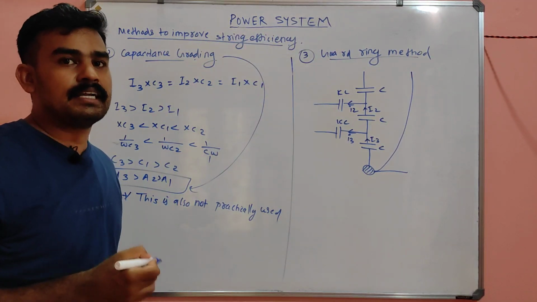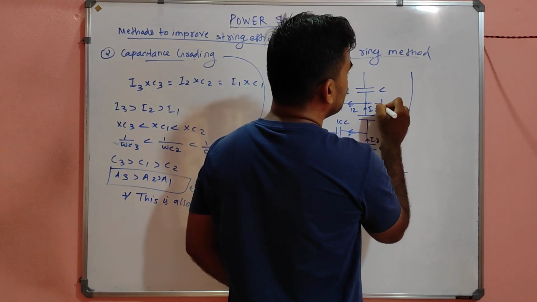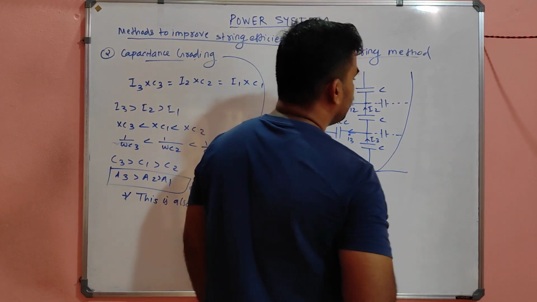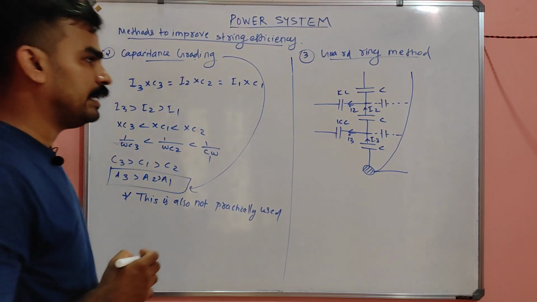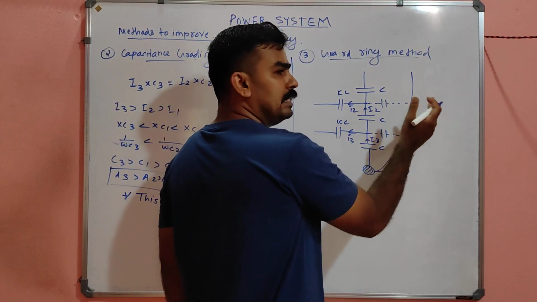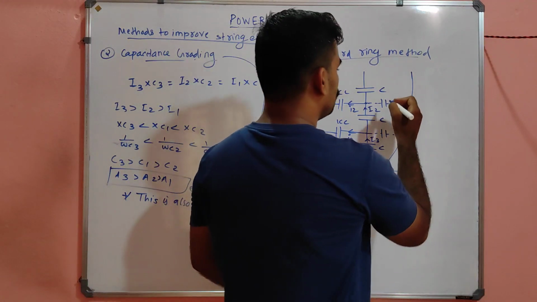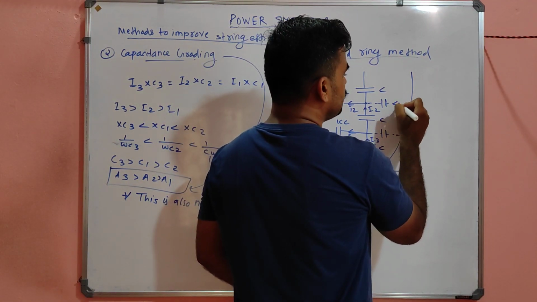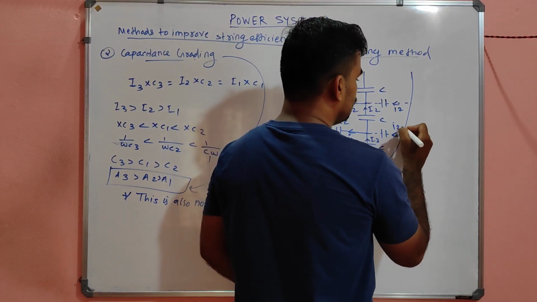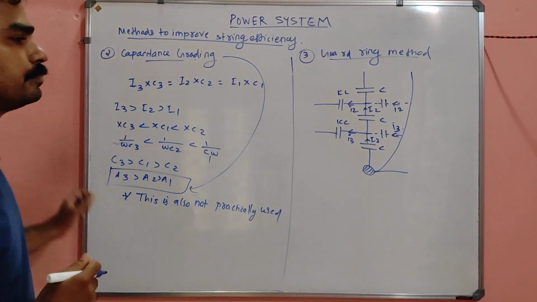So there is a chance of making a capacitance here also, in between this metallic link, because this is metal and this is metal. In between there is a capacitance. This capacitance can carry a current I2 and this can carry a current I3.